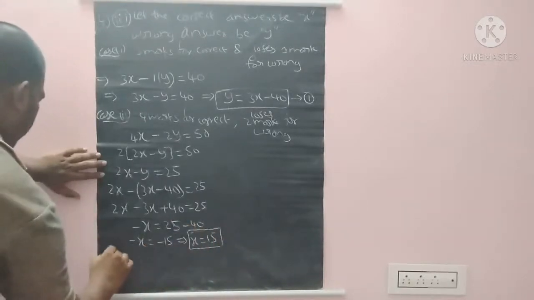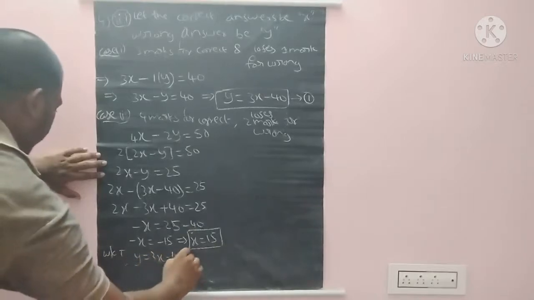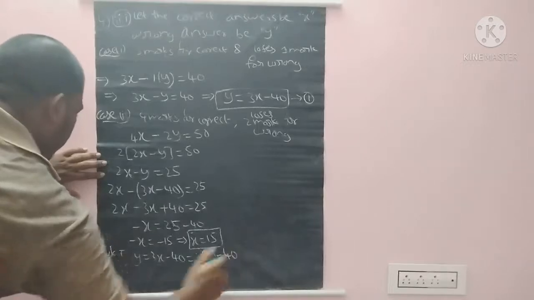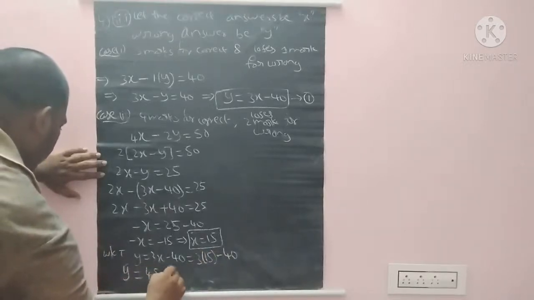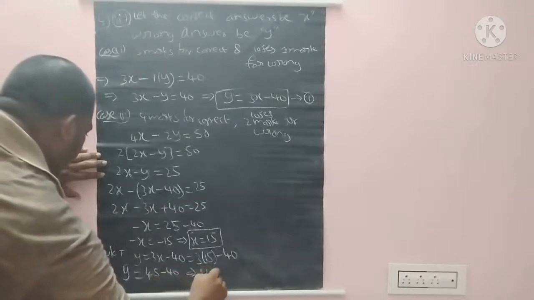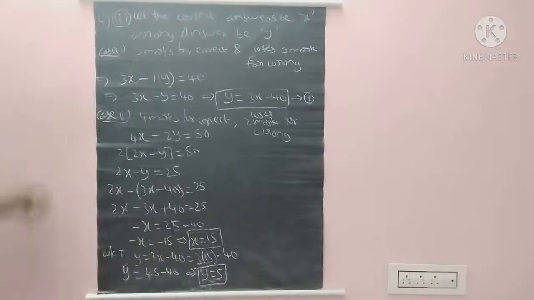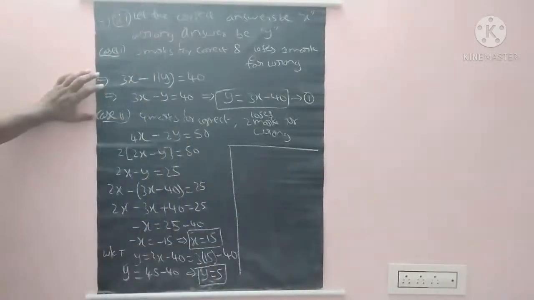Now we know that Y is equals to 3X minus 40, 3 into 15 minus 40, so Y is equals to 45 minus 40, so Y is equals to 5. So that means number of correct answers is 15, number of wrong answers is 5.